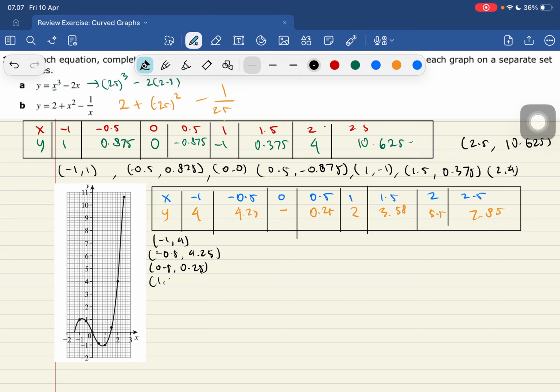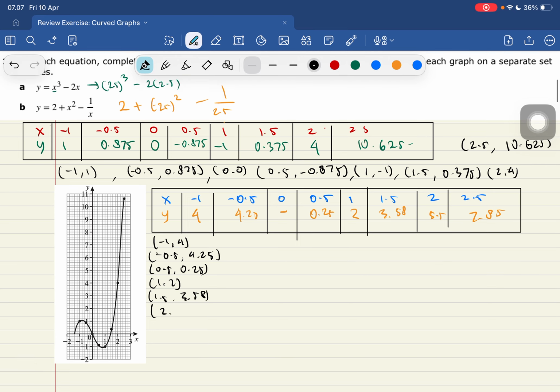Next point, 1, 2. Then 1.5 and 3.58. Next point, 2, 5.5. Then 2.5 and 7.85. Okay, we got the points, so we just need to draw them into the graph.